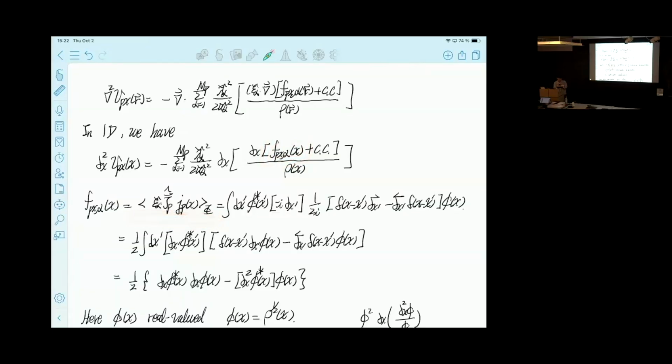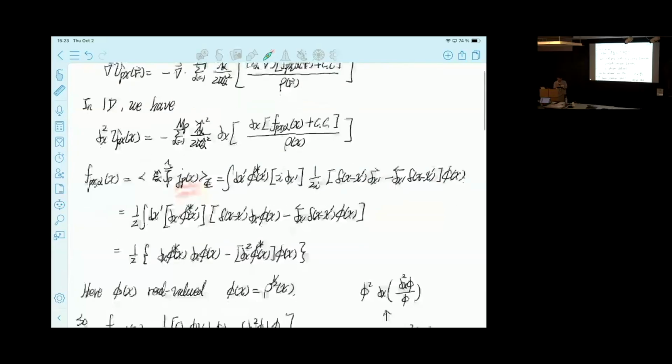Inside this definition, I need to compute the expectation value. There's a psi star and also psi here, and in between, the first term is from this J operator. The second one is from the definition of the paramagnetic current operator.